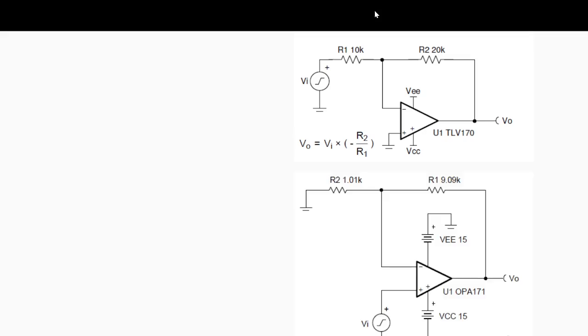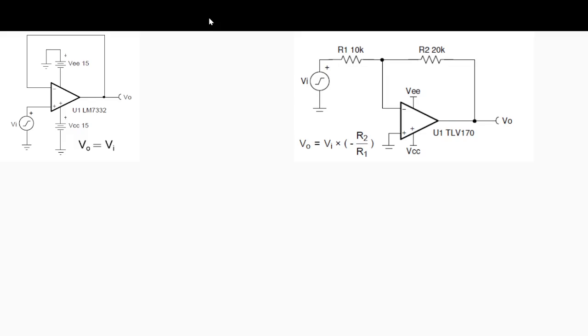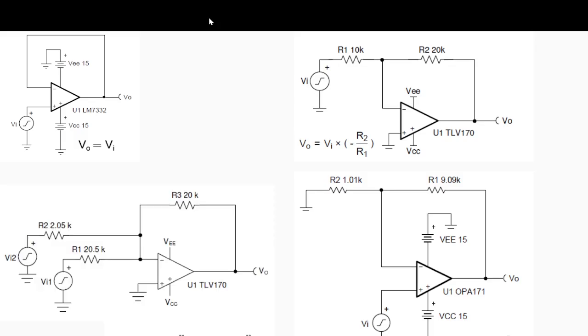I would like all of you to practice and find the respective values, because the resistor values are given. This is the unity gain. Skip this one. But this is also a snapshot of what we discussed in the previous slides: unity gain, summing amplifier, this is the inverting amp, and this is the non-inverting amp.